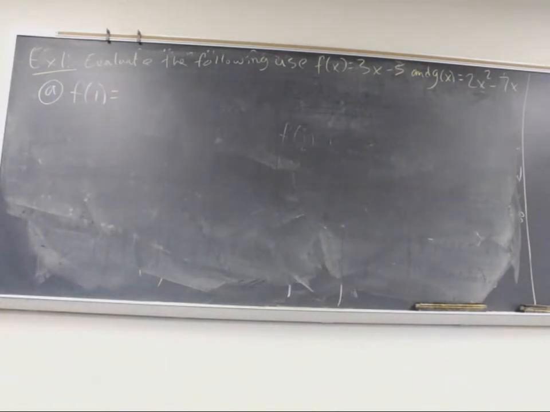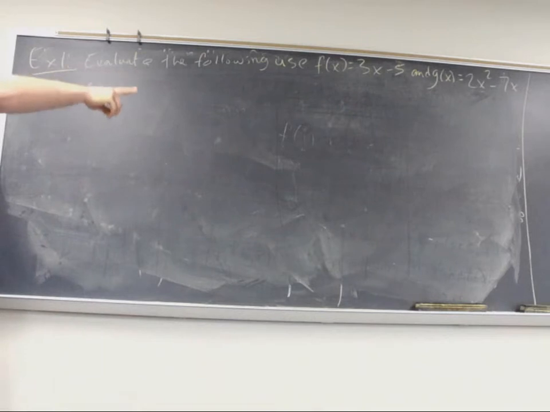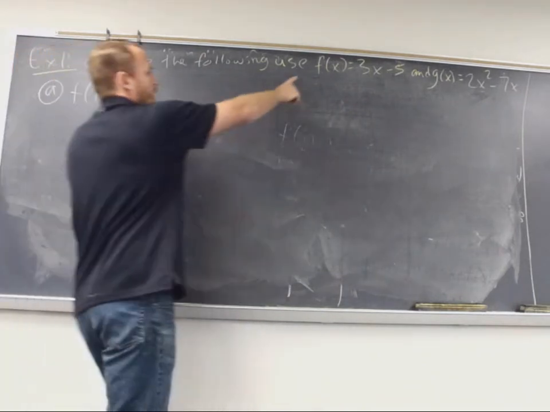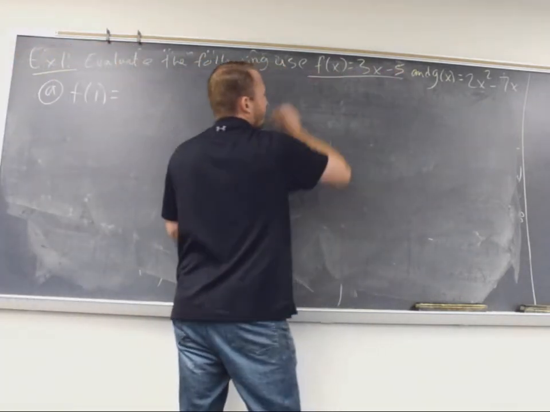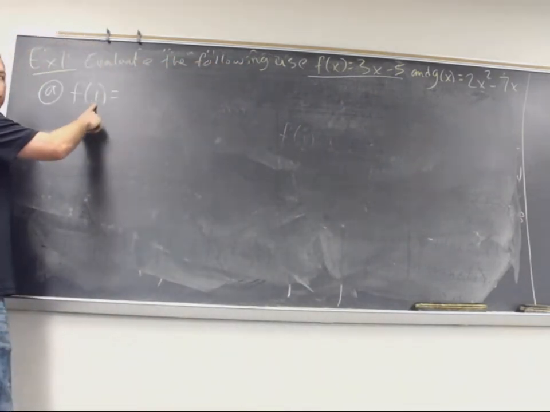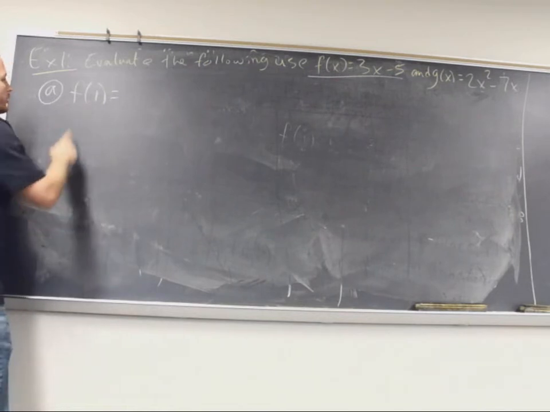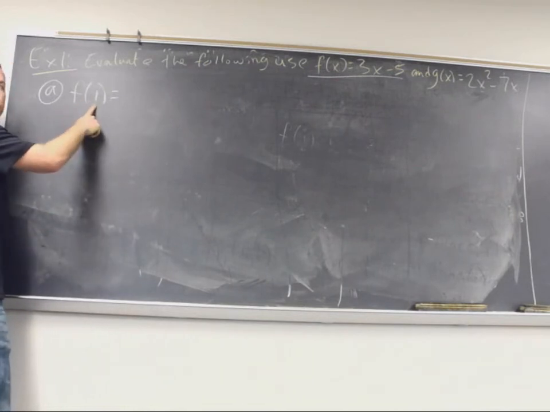Answer that yourself. What is f of 1 telling you? Just based off what I've told you already. The f is telling you which function to use over there. F is saying to use this f function here. And then this 1 is telling you that your x value is 1. That's the number I want to plug into the f function. So use the f function and plug 1 into it.